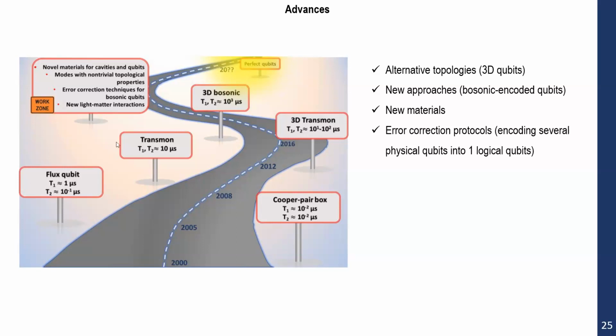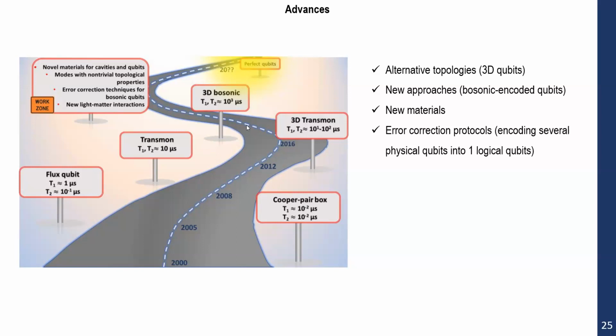Then the transmon is a typical type of qubit that is used today, and in fact, all the IBM quantum computers use transmons or different modifications of transmons, and they already provide a much larger T2 decoherence time of around 10 or even 100 microseconds, which is much larger than 10 to the power of minus 2 microseconds, right? So it's already a 1,000 times growth compared to the Cooper pair box.